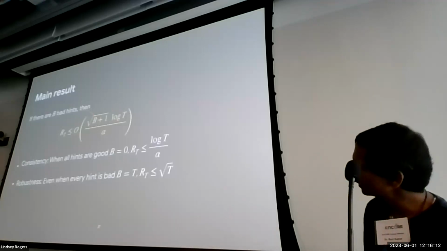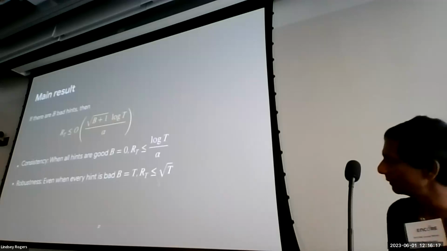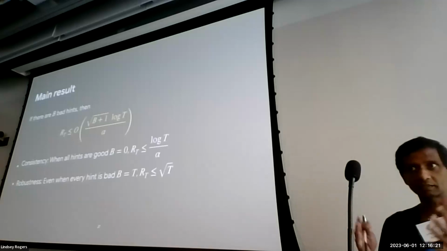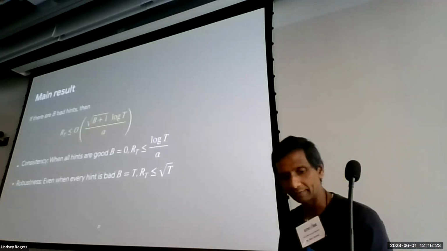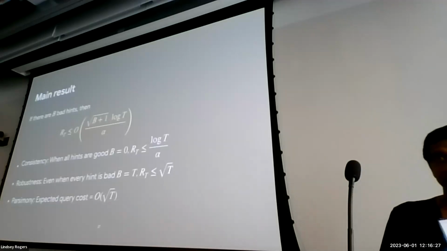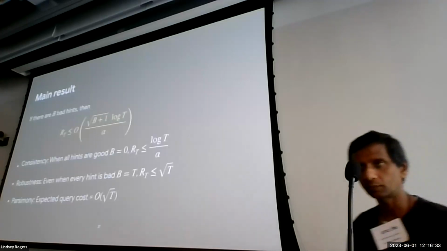So B is T, and you get T log T over alpha. Actually, you can shave out the log T and get square root T regret. So the algorithm is robust against bad hints. And finally, you can show that the expected query cost is sublinear, it's square root T. That's a summary of the main result that I want to talk about.